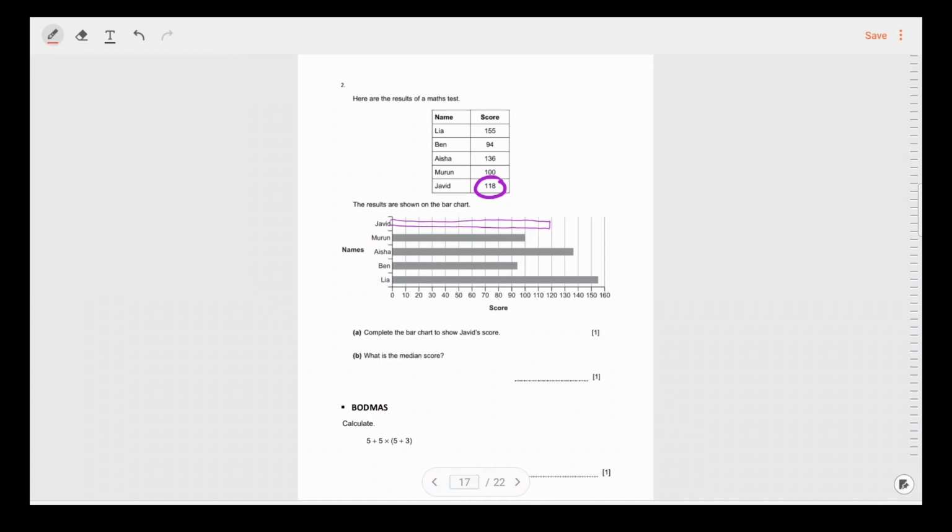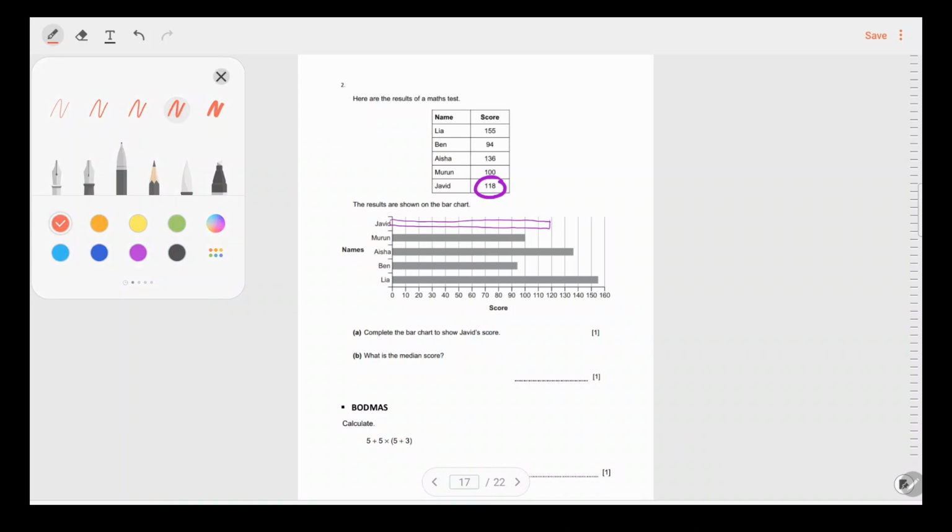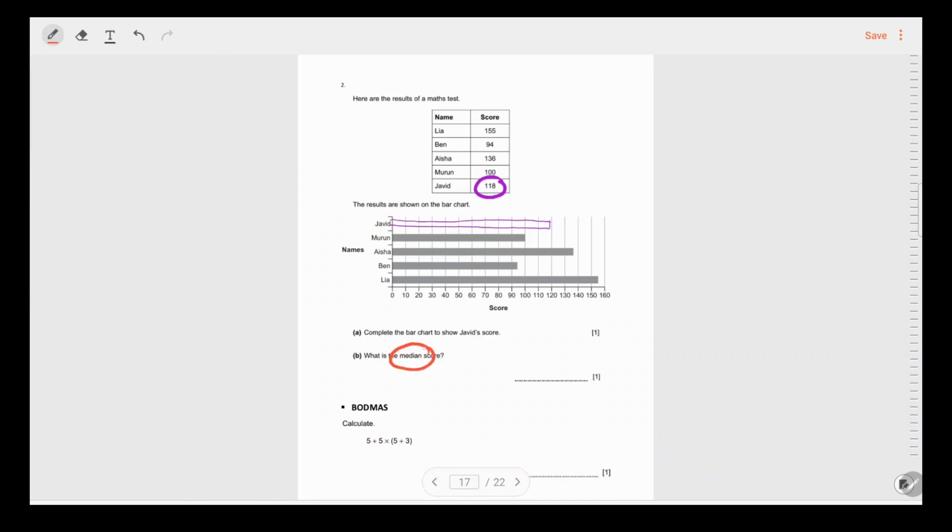So here, in order to find the median, what we should do is arrange the scores from smallest to largest. So I will first do that. We have 94, and then 100, 118, 136, and 155.